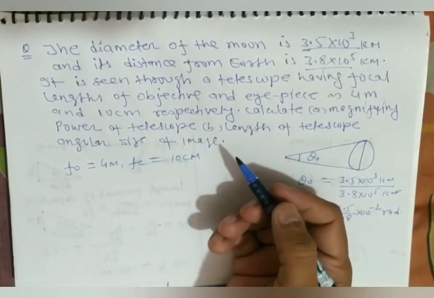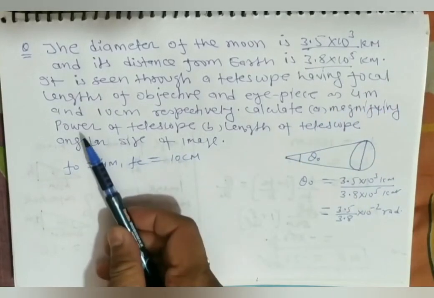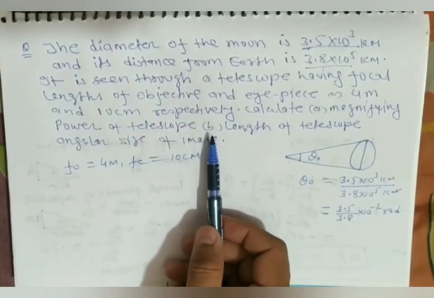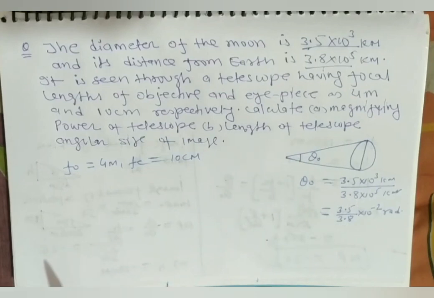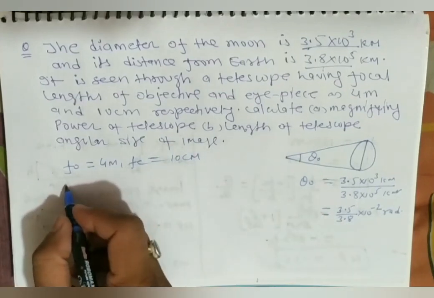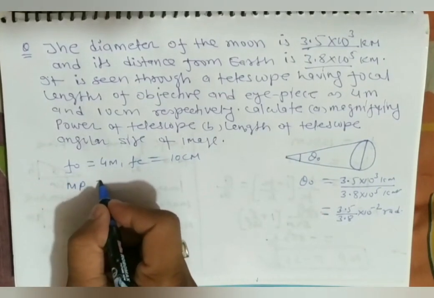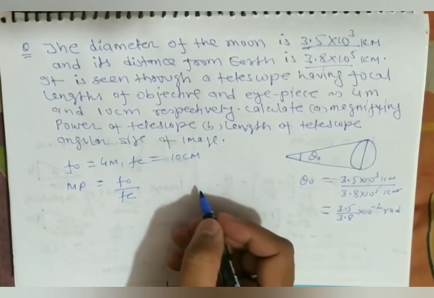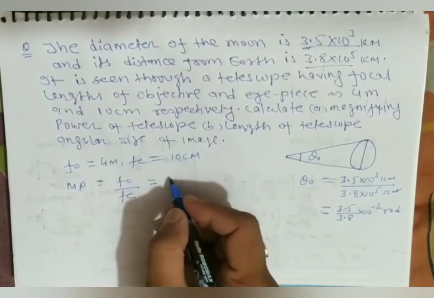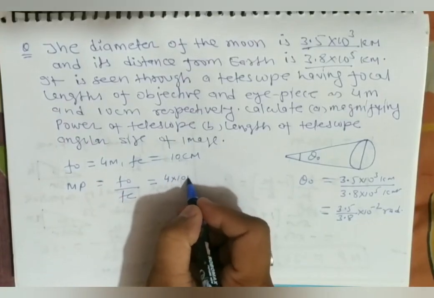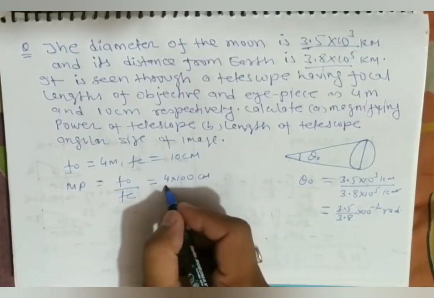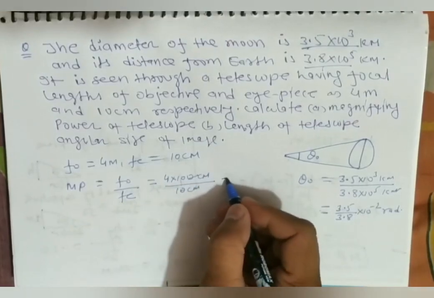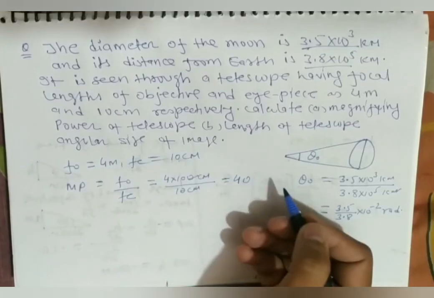Now we have to calculate magnifying power of telescope. For normal adjustment, we have magnifying power as f naught upon fe. F naught is 4 into 100 centimeter upon 10 centimeter. So magnifying power will be 40.